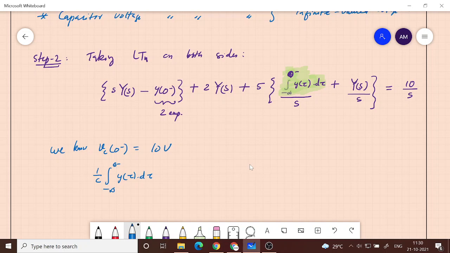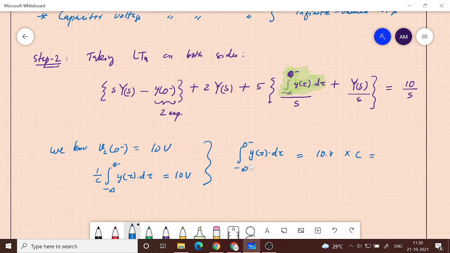And that is 10 volt, which means our required integral, minus infinity to 0 minus y of tau d tau, what is it? It will be 10 volt into C.